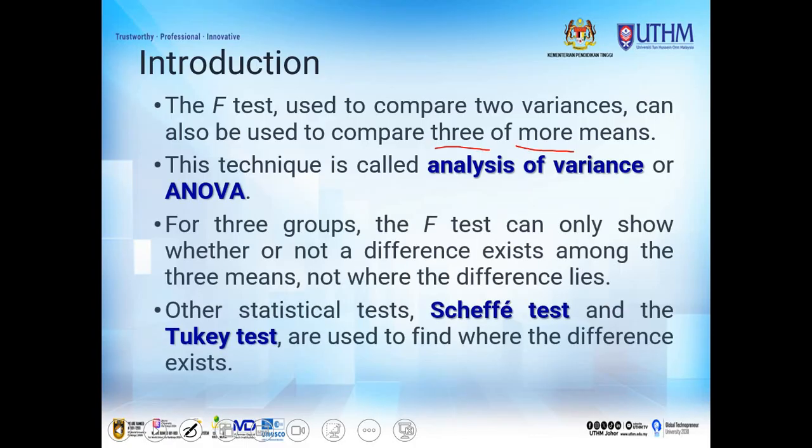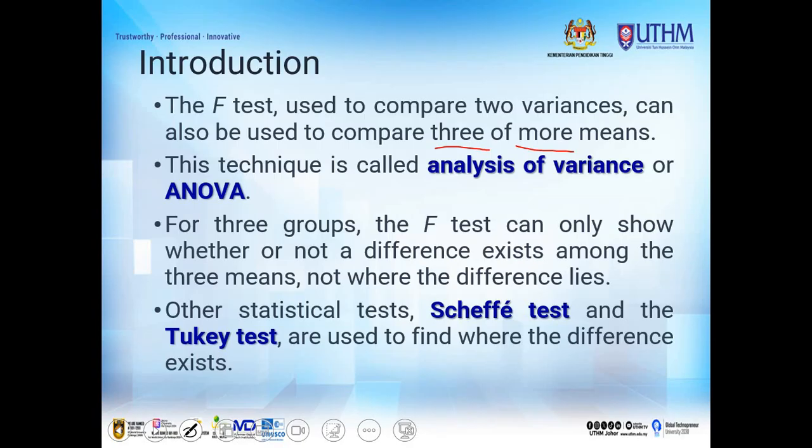For three groups, the F-test can only show whether or not a difference exists among the three means, not where the difference lies. Okay, they just want to show whether there is any difference or not. They don't want to identify what the particular differences are.